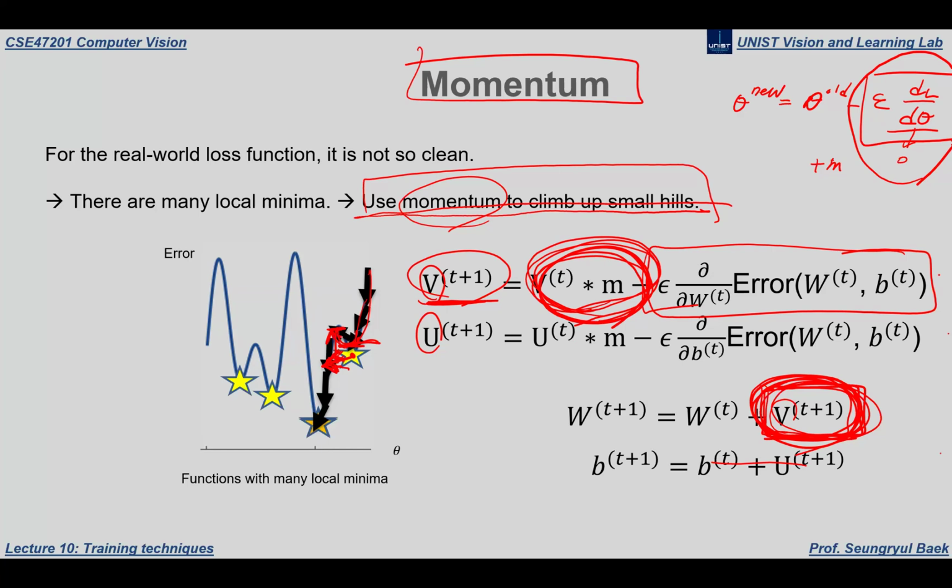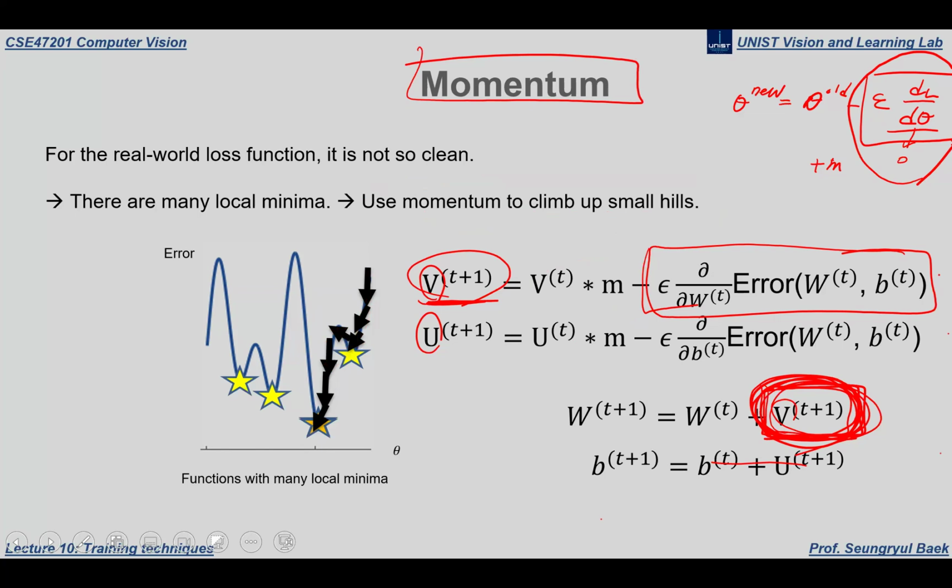So this is similar to real momentum in physics, okay? In physics, there's a term called momentum, okay? If some people are going this way and immediately stop, their velocity goes to zero, they still have some acceleration to go in the same direction.